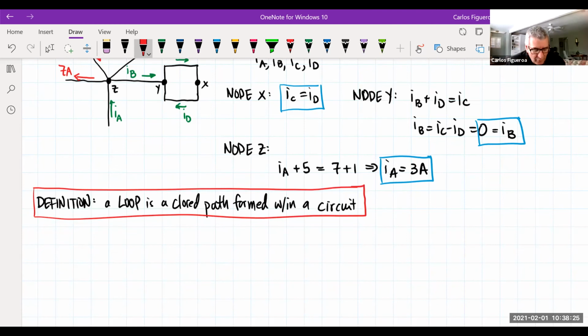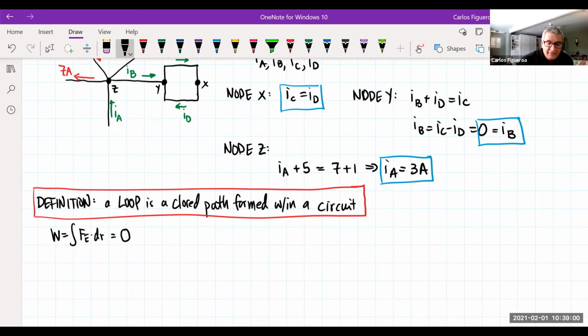And I just want to remind you what this really means: when I have a loop, what I'm really saying is that if I look at the work done by an electric force in some loop, because this is a conservative force, it's always 0. Because it's always 0, I could take any closed loop and I know that the work will always be 0.